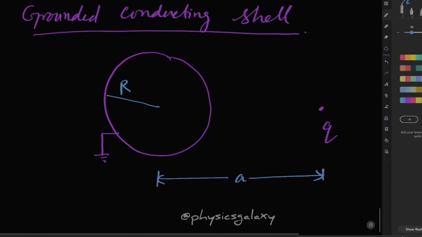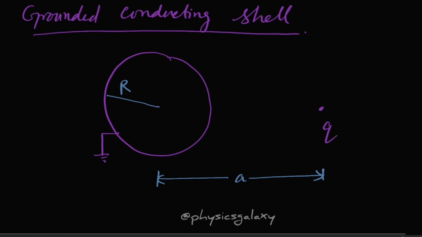Then my imaginary charge, where should I put it? There is a little calculation. You have to imagine that I have my charge q dash at a distance of r dash, and you have to satisfy the potential at all points. Basically you'll find r dash and q dash by solving the potential at this point and this point.